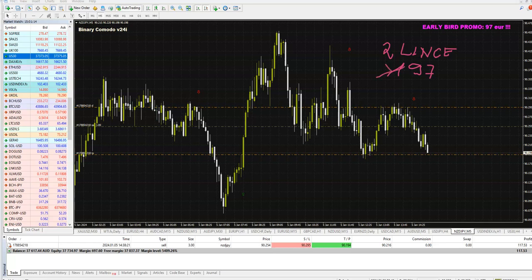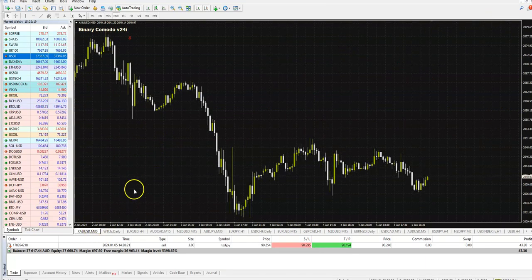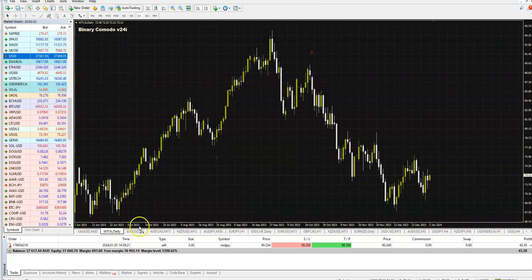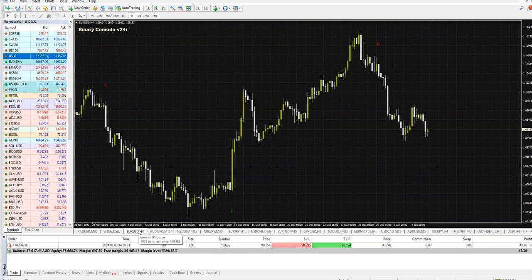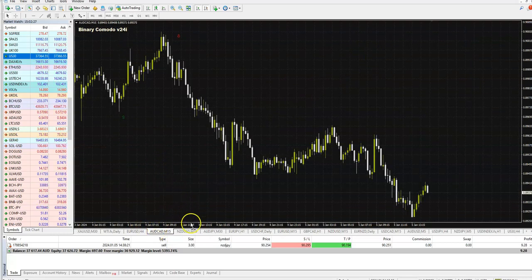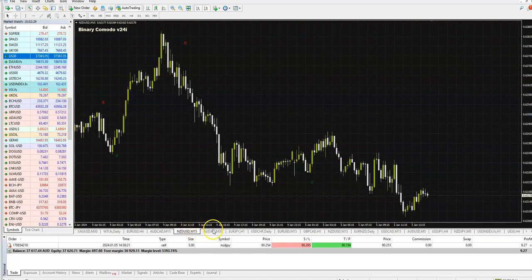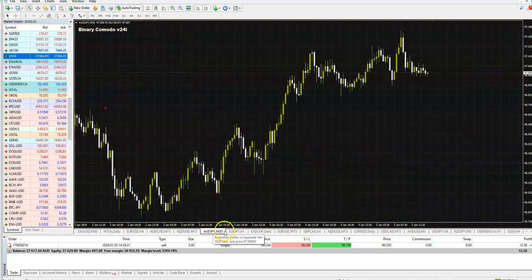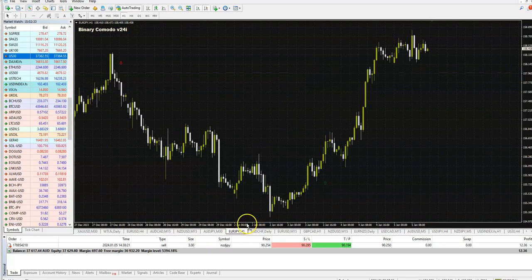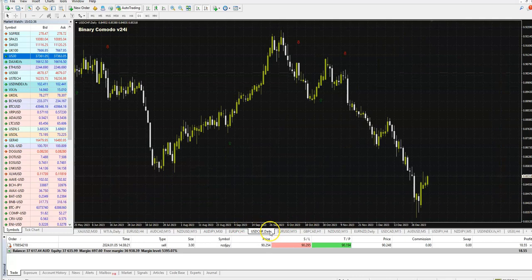So this weekend 97 euros plus 5 licenses, early bird promo. So you see gold, you can trade oil. This is all the trades you will get. Canadian 50 minute, New Zealand dollar 50 minute. Here we have only 2 Euro JPY, 1 hour daily.